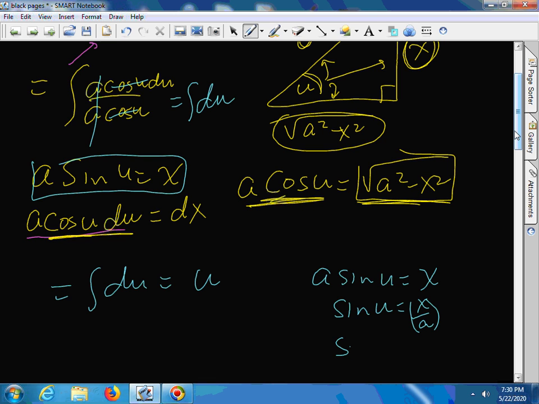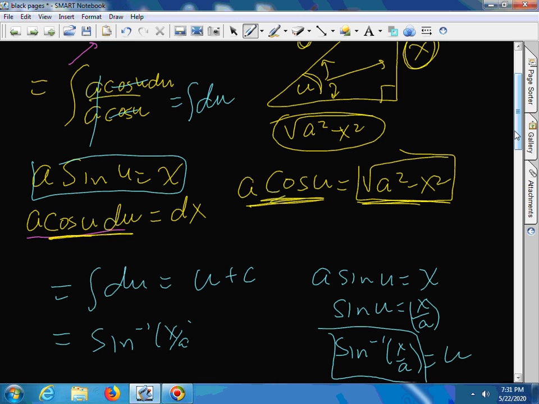So I can interchange the x over a with the u. So now I know how to write u in terms of x. I guess I should have said plus c there. So it equals u, which is sine inverse of x over a plus c.